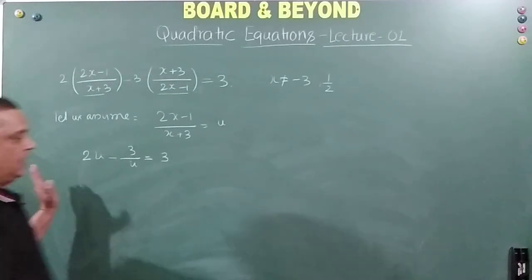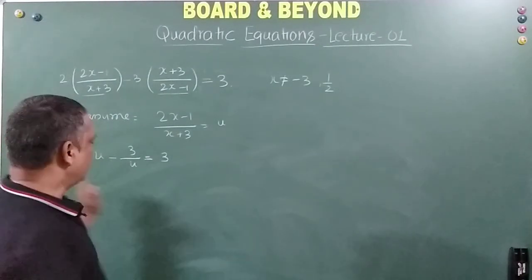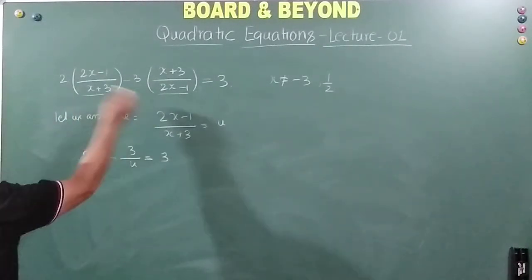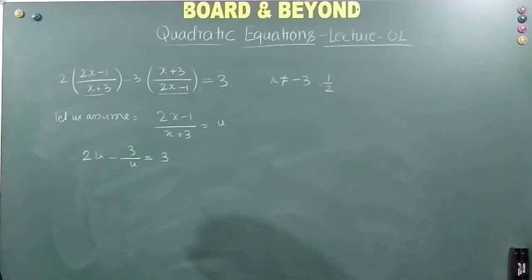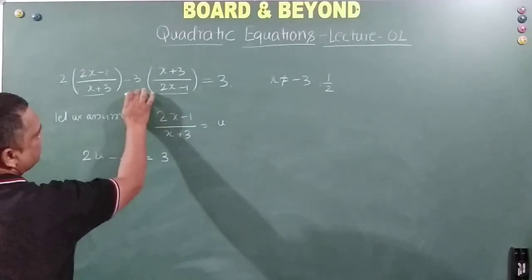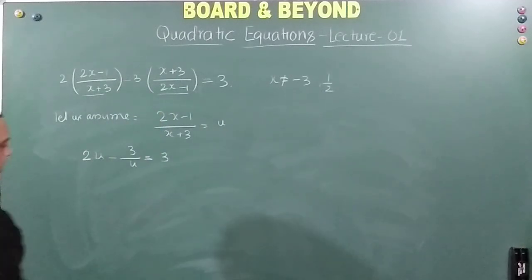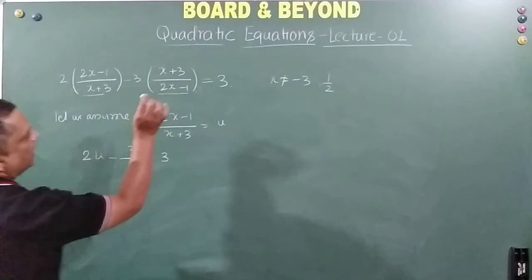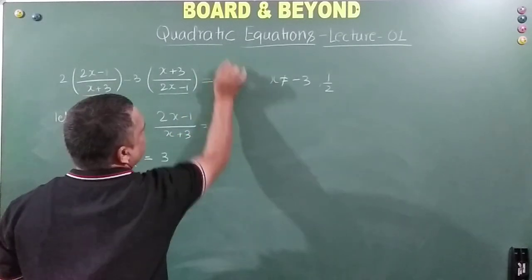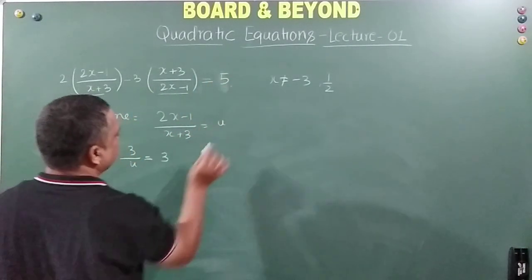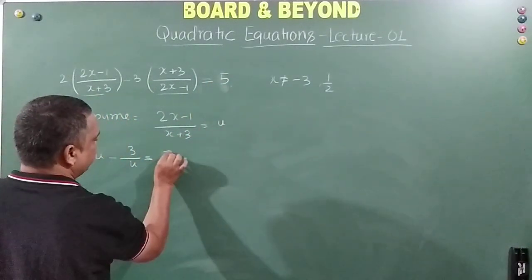Friends, have you all understood how I have written this? 2u is straightforward because I have assumed this to be u, and this is minus 3 into 1 by u because it is the reciprocal, right? Sorry friends, this is not 3, this is 5.